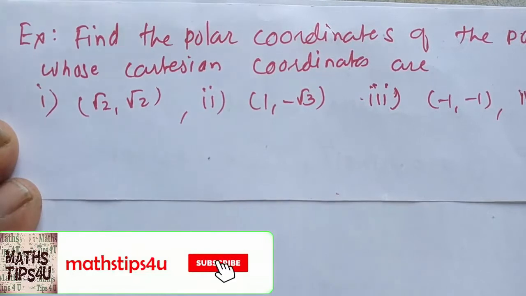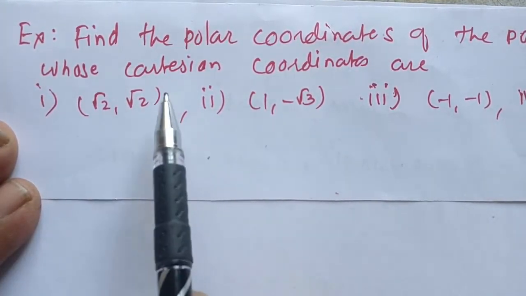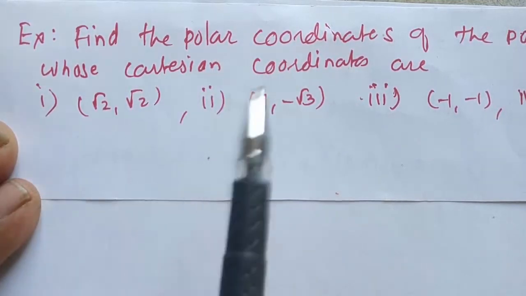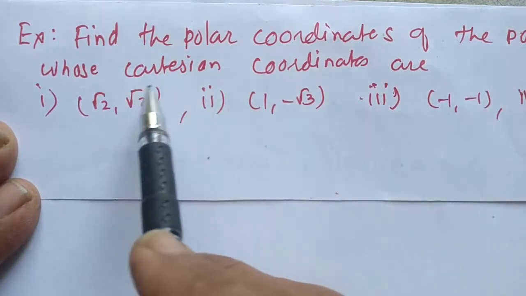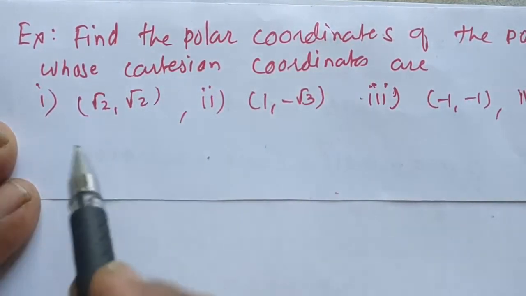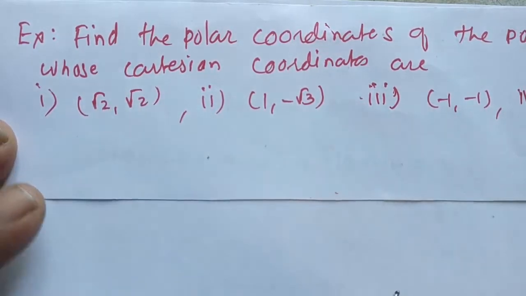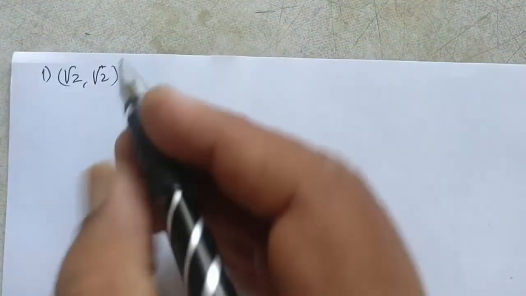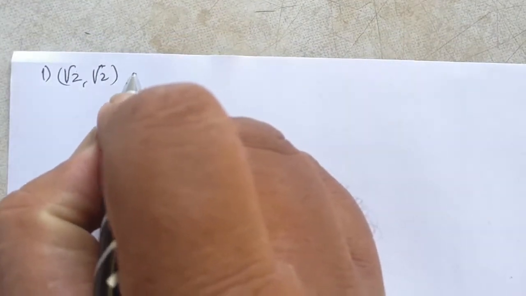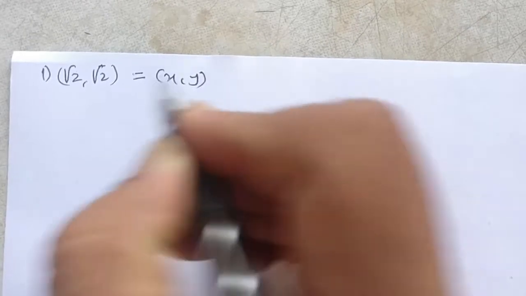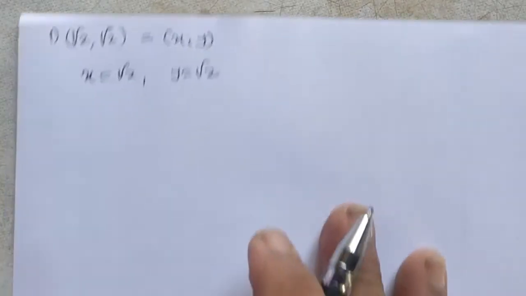Now we shall see how to convert Cartesian coordinates into polar coordinates of a point. The example: find the polar coordinates of a point whose Cartesian coordinates are root 2, root 2. Number 1, we are given Cartesian coordinates, that is x, y. x is equal to under root 2, y is equal to under root 2.